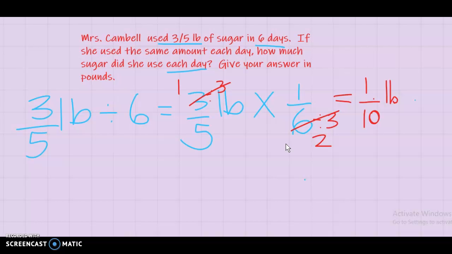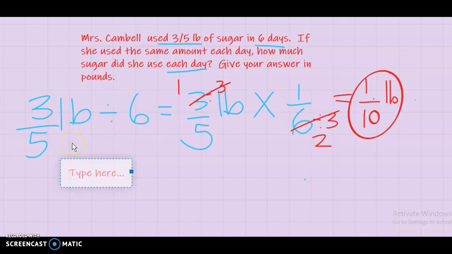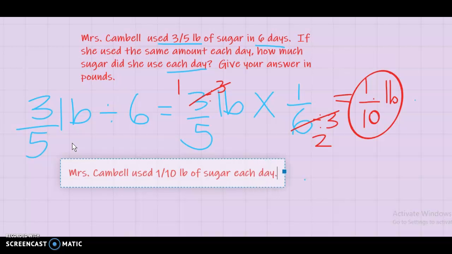So the answer is Mrs. Campbell used 1/10 of a pound of sugar each day.